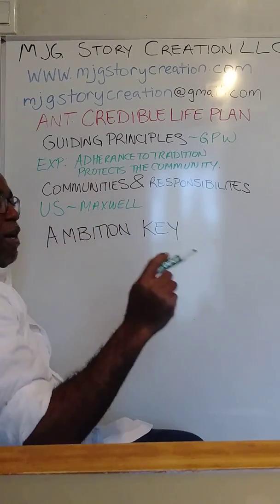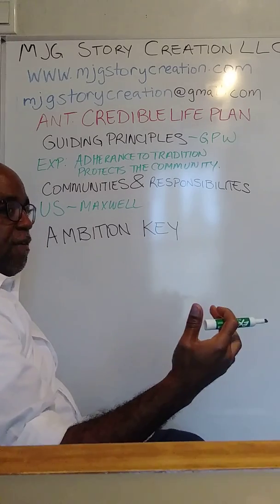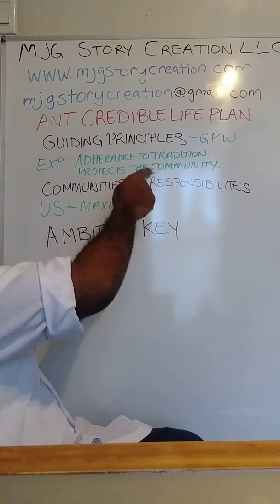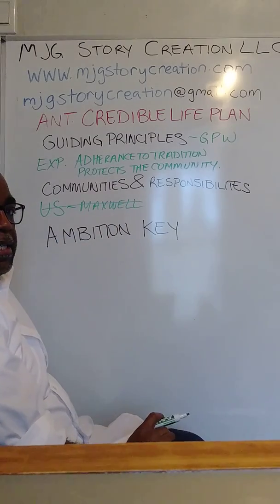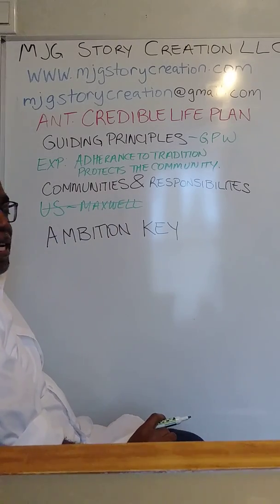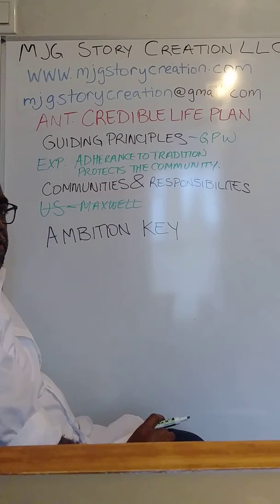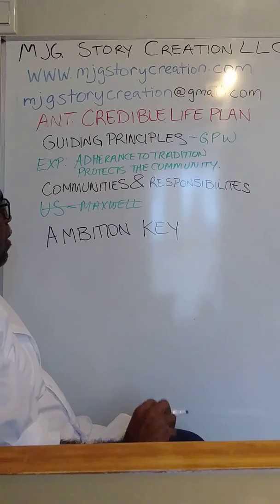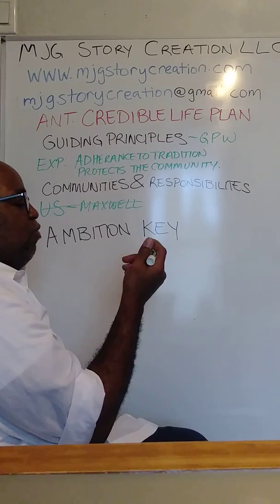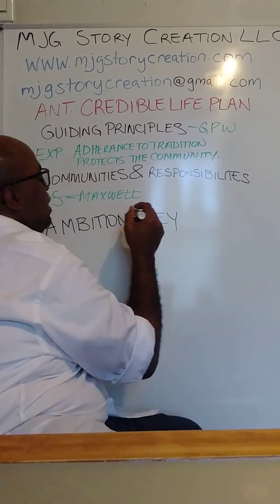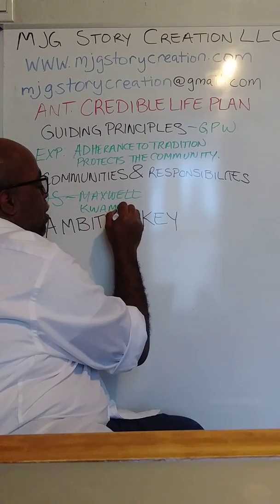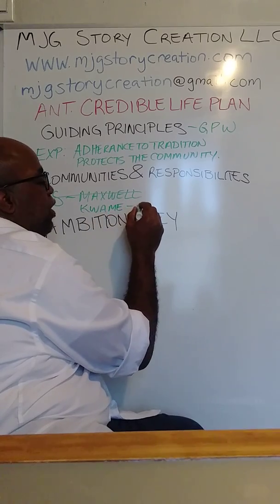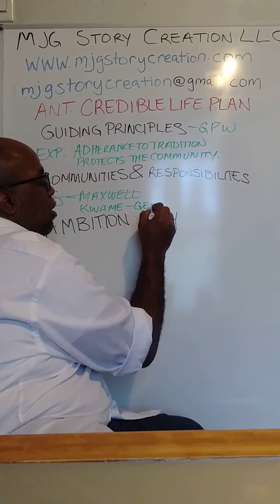But as far as her life plan is concerned, this particular life ambition, he's not one of the three main foils. The foil that replaces him is Kwame from the General Assembly.